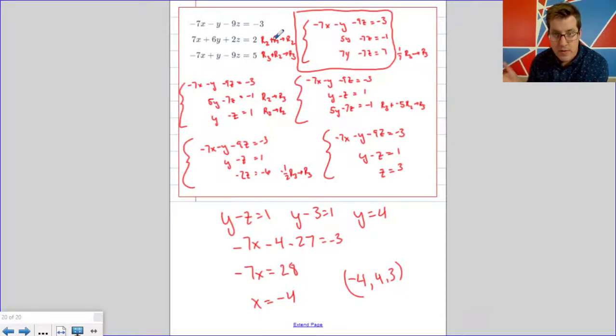In fact, it's one of my favorite things to do. However, if we learn this process of always eliminating like this, I promise, somewhere down the road that's helpful. The only thing that I might have done differently about this is turned this into a positive 1.